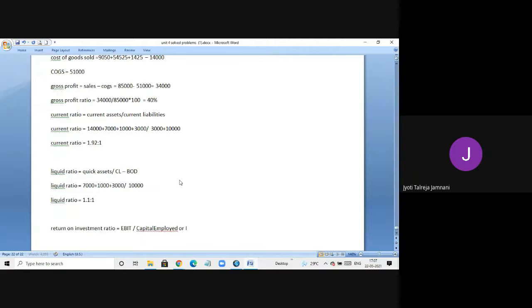This is also called it as. So we'll see how to find the EBIT first.